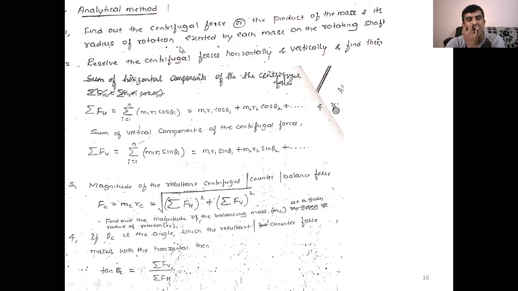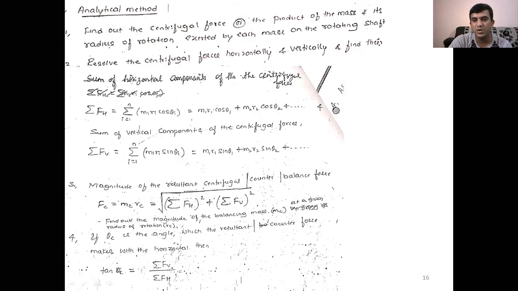Instead of making it complicated, we will omit that omega square. Find out the centrifugal force, or the product of mass and its radius of rotation, exerted by each mass on the rotating shaft. Then go for resolving the centrifugal force horizontally and vertically.